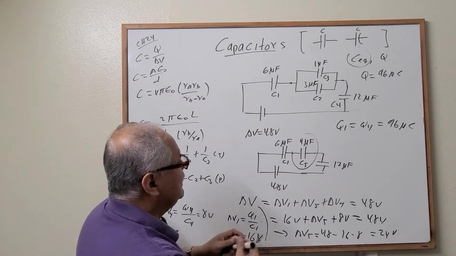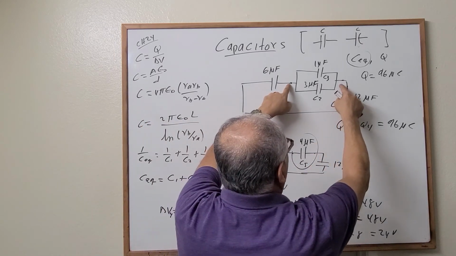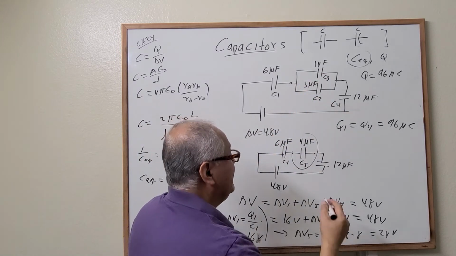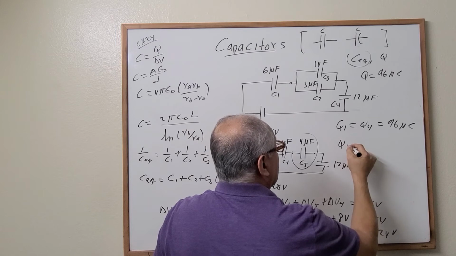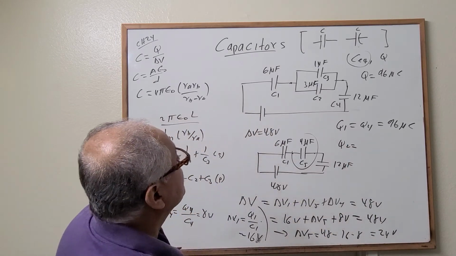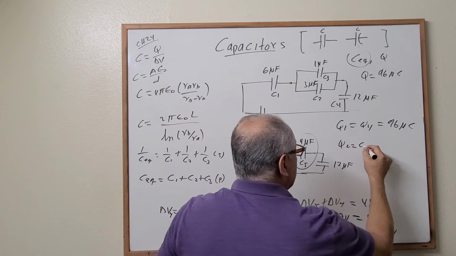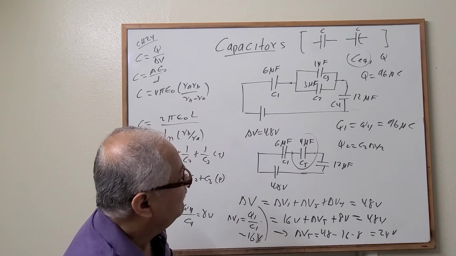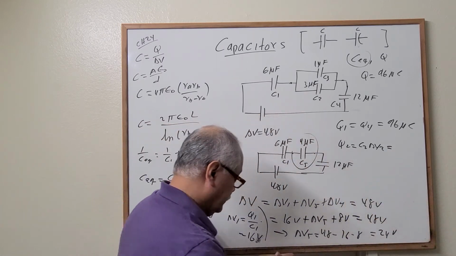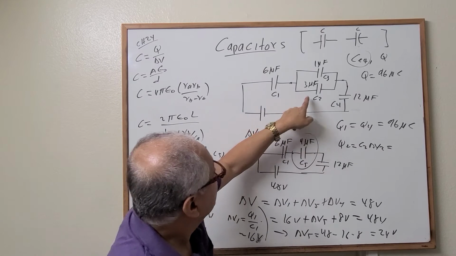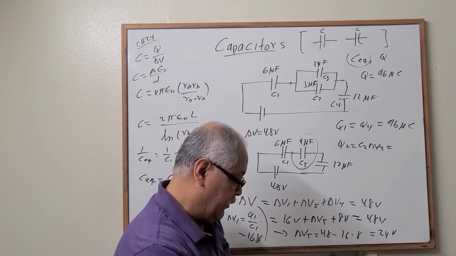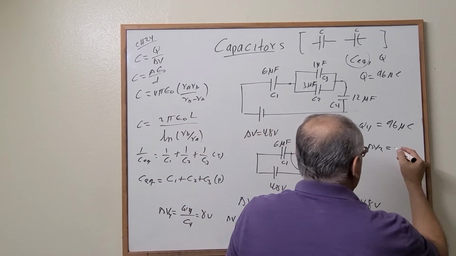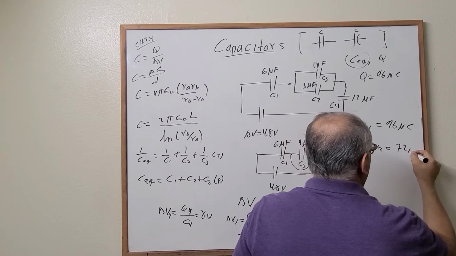So once we know that the voltage right here and right here is 24, and these are in parallel, we can now write the charge. Okay, let's find it. Charge 2 is equal to capacitance 2 times voltage 2. Voltage 2 is the same as voltage 5. When we multiply 3 times 24, that is equal to 72 microcoulombs.